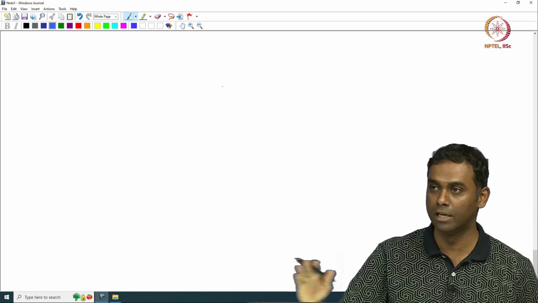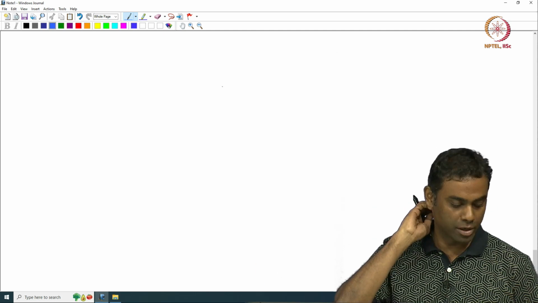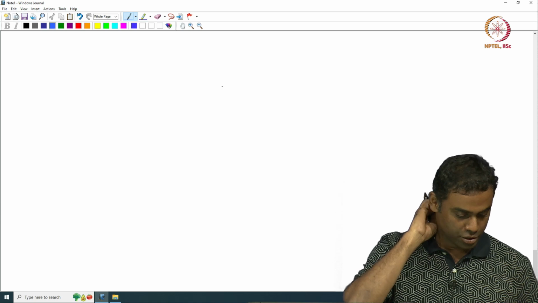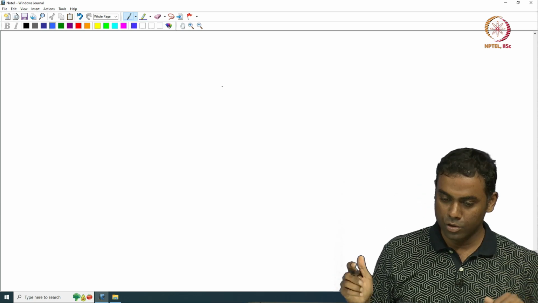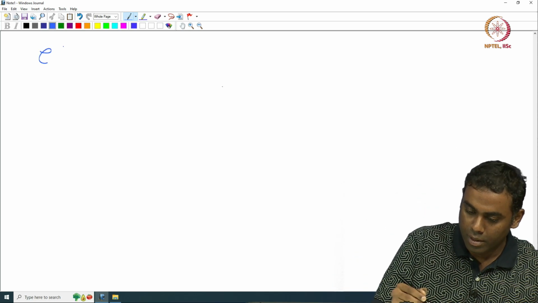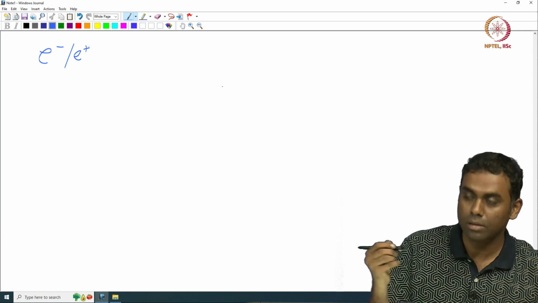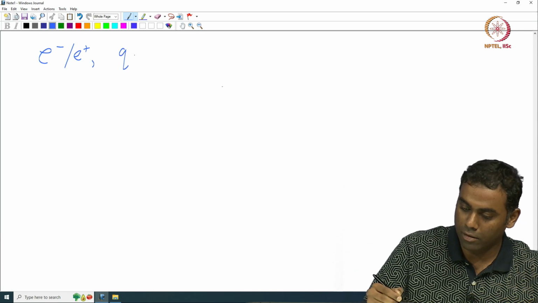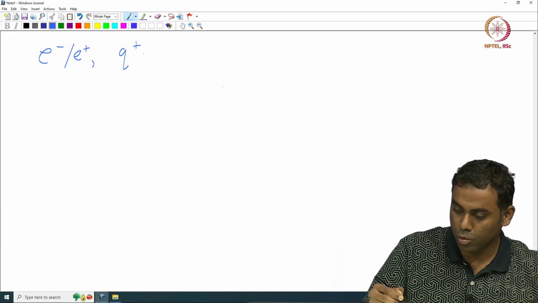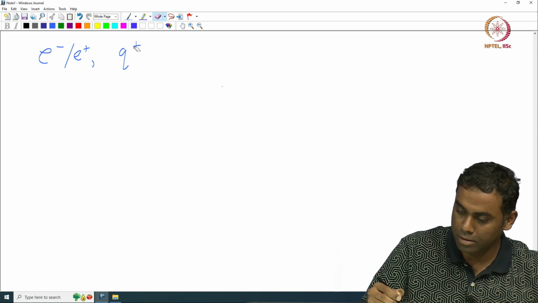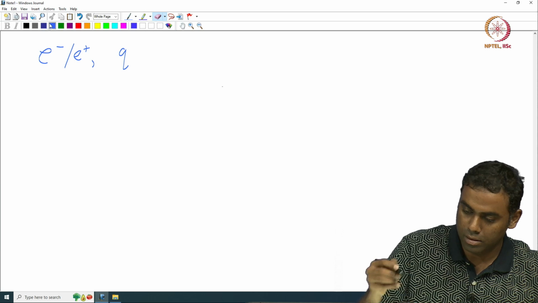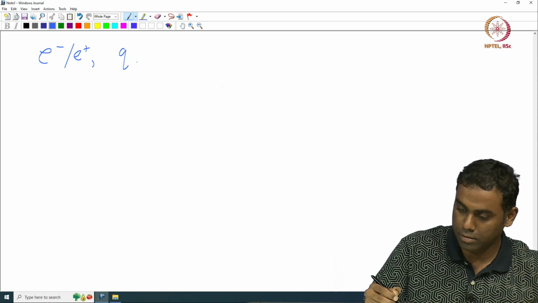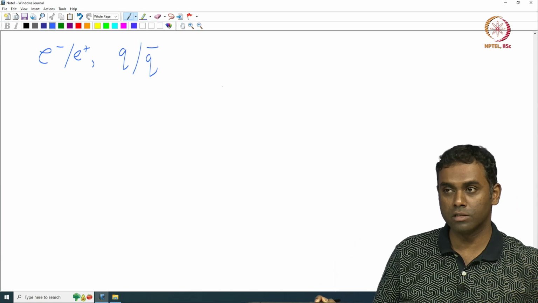Okay. So now we no longer have the capital Q, U, we no longer have Q, U, D, L, E. We have other objects that we are more familiar with. So now we have the electron and positron, we have the quarks and antiquarks.